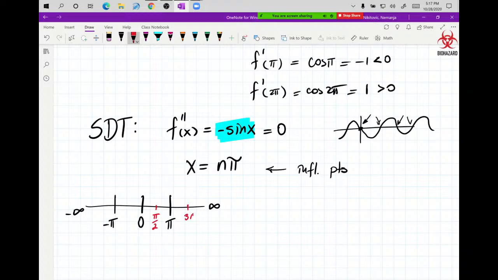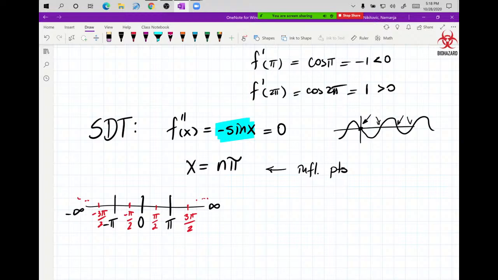Here is 3 pi over 2. Here is negative pi over 2. Here is negative 3 pi over 2. Whatever values you want to pick in between these. Now, there will be more partitions this way and more partitions this way because they go forever, which is why we have this n business over here.